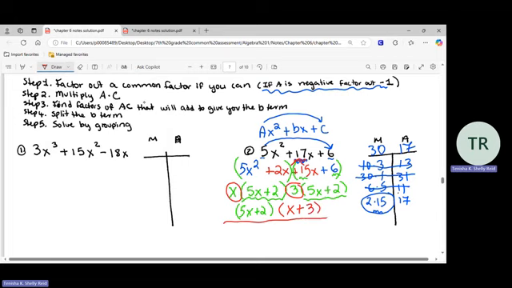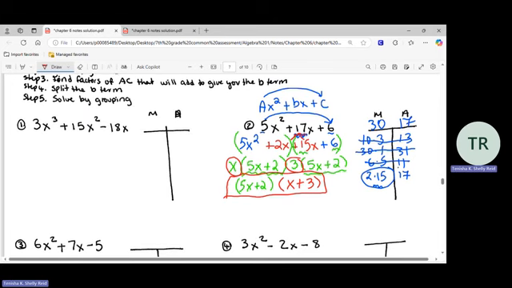I have factored my quadratic trinomial into two binomials. I want us to check it because this is literally the opposite of what we did when we multiply. So let's put a check.